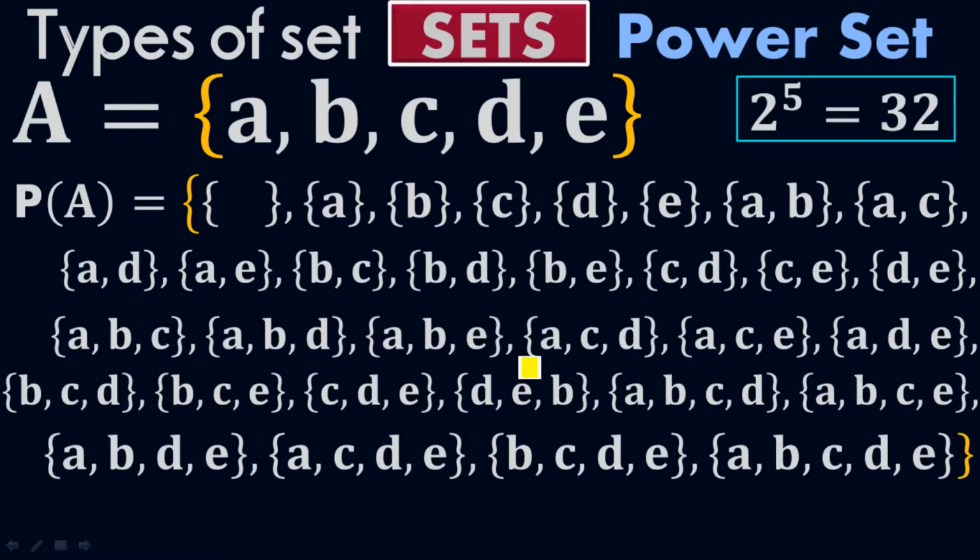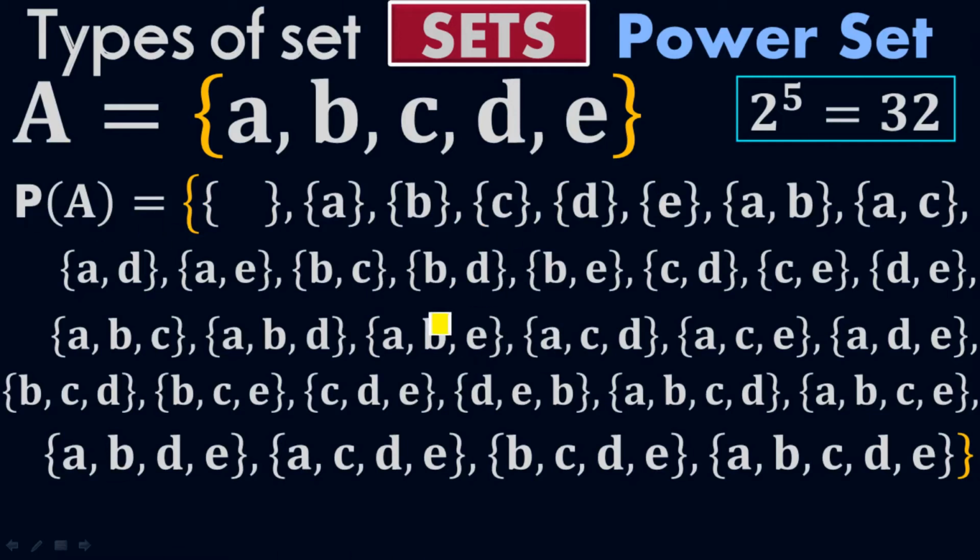So I have 32 subsets for the A, which is the power set. The power set of A is the set of 32 subsets. Look, this yellow set is the set of all the subsets of A. We have 32 subsets for the A. This is called the power set.